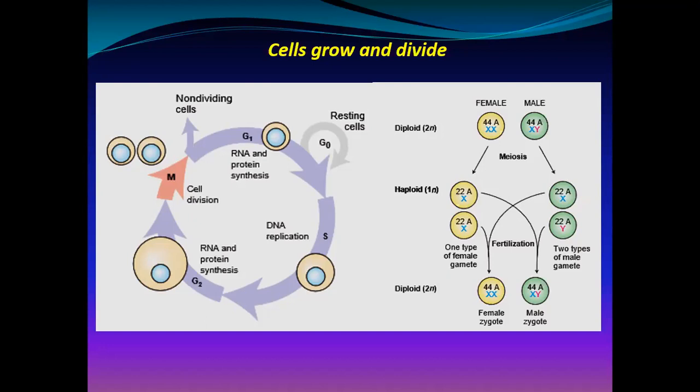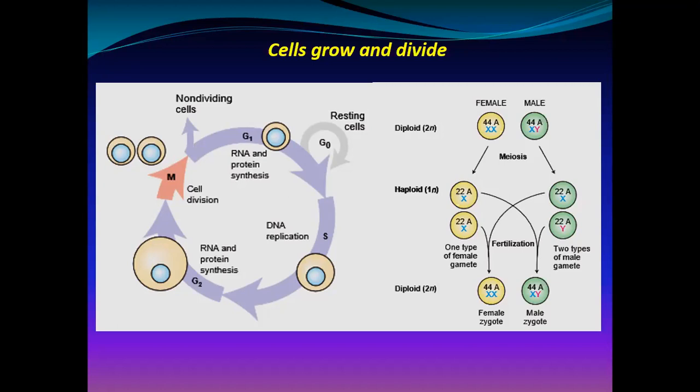There is one type of female gamete and two types of male gamete, and then what happens? Fertilization takes place, and the zygote forms. That is what you call reproduction. This is what you call mitosis, and this is what you call meiosis, right?